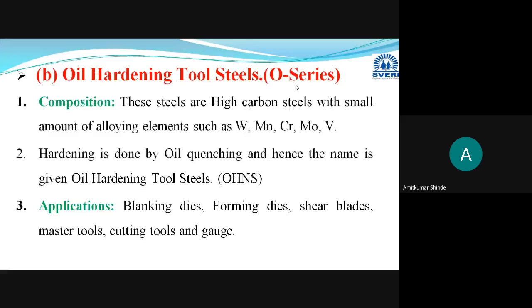Now here these oil hardening tool steels, as compared to the water hardening tool steel, their hardenability is better. And to perform the hardening process, we are using oil medium. Hence these kinds of tool steels are termed as oil hardening tool steel, because to perform the hardening process, oil medium is used.